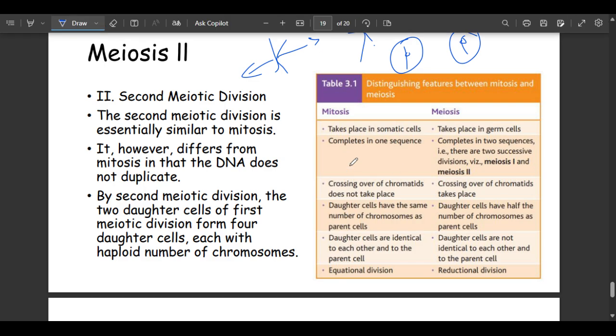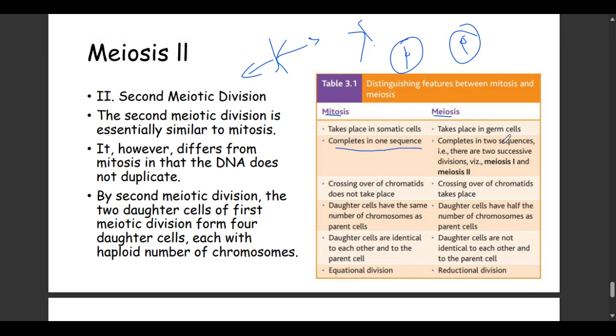And then just to briefly recap, these will be the differences between meiosis and mitosis. Mitosis takes place in somatic cells while meiosis takes place in germ cells. It's completed in one sequence for mitosis, while it's completed in two sequences for meiosis.